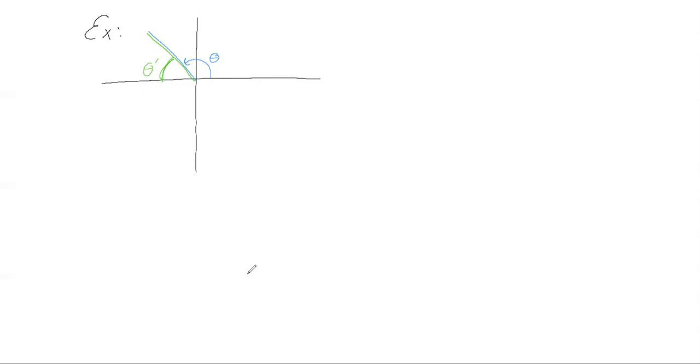Okay, let's look at an angle in quadrant 3. We're looking at an angle whose terminal side is in quadrant 3. It goes around like this, and we'll call that angle theta right there.